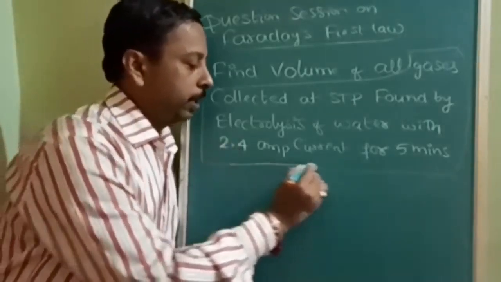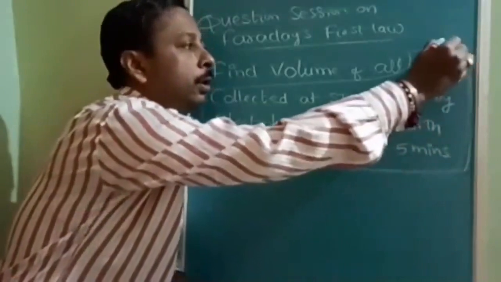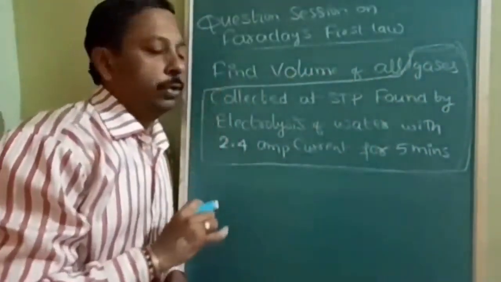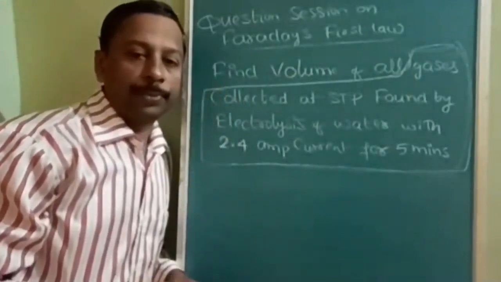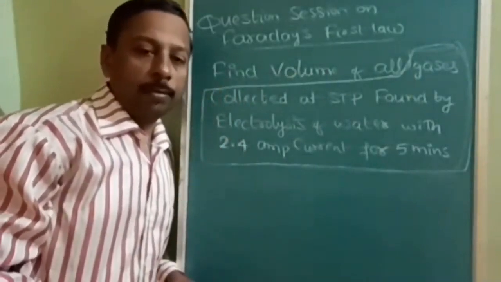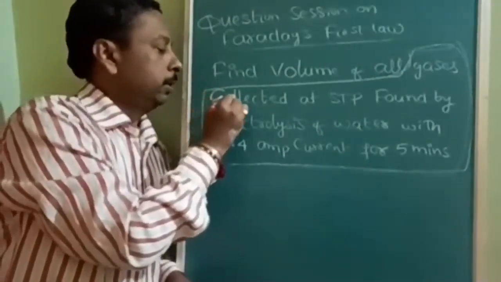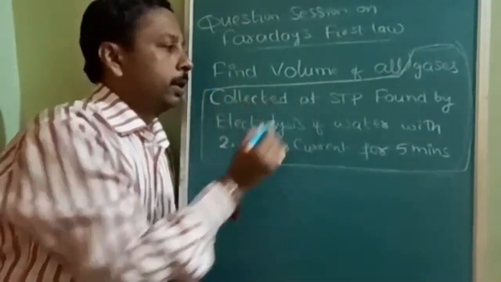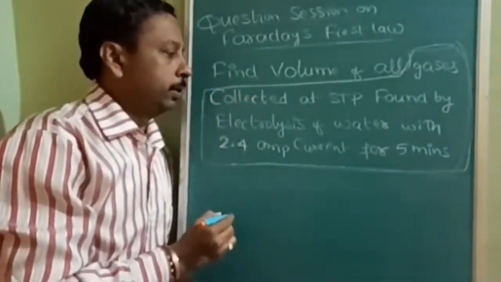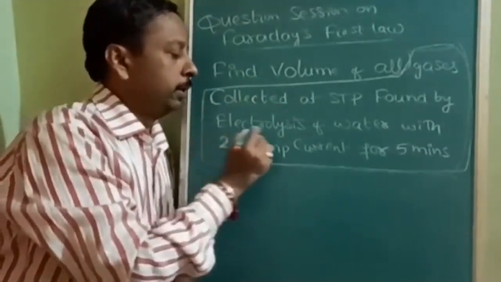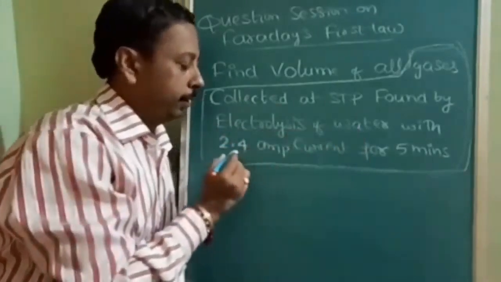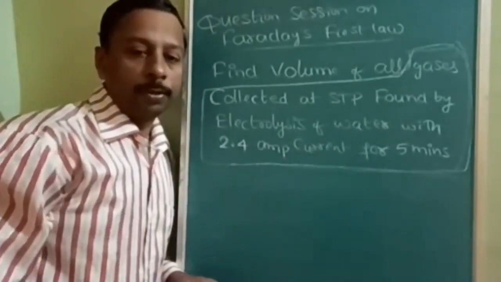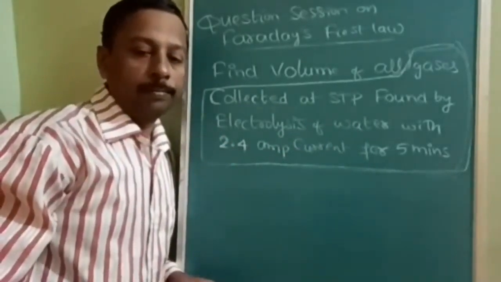You can make it comprehension, or more than one correct, or integer type also, but the concept will be this one only. In this question, find the volume of all gases collected at STP, formed by electrolysis of water with 2.4 ampere current for 5 minutes. Okay, so try to find out.